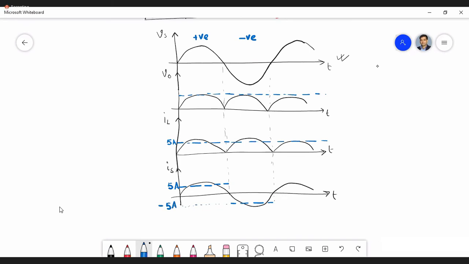In this way we get a square waveform. Is this clear? But if you analyze the current in a similar way for the previous case when there was no filter, will you get the same waveform?